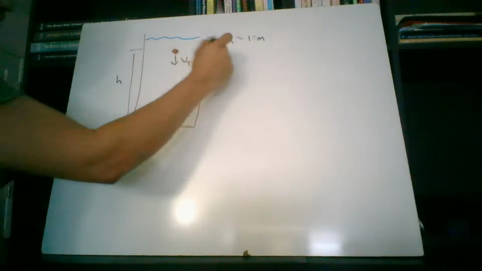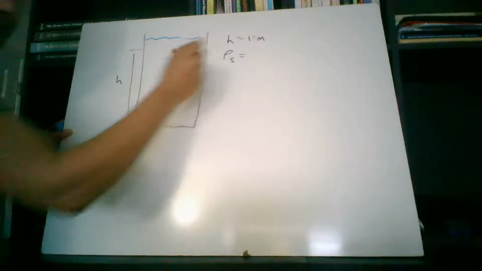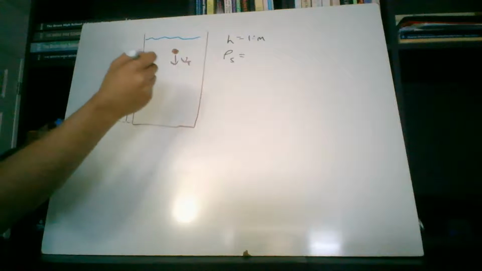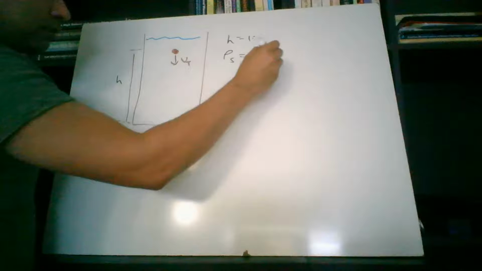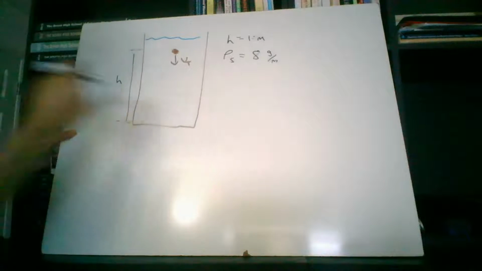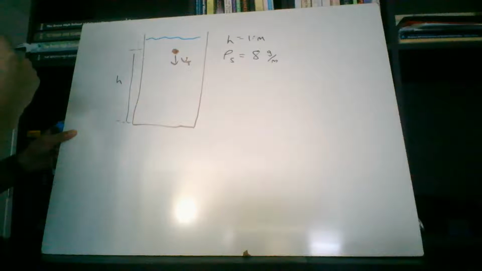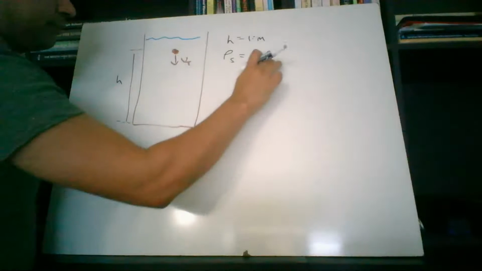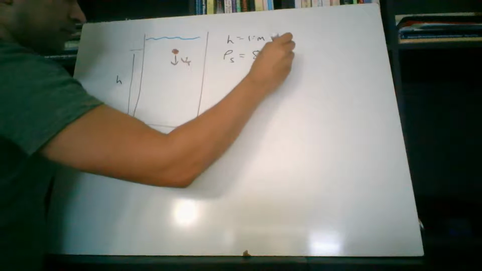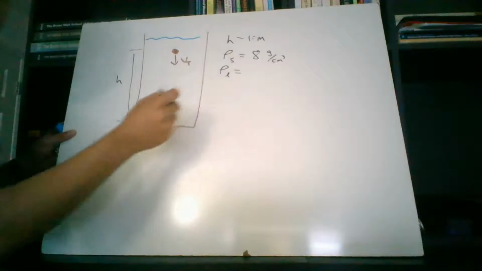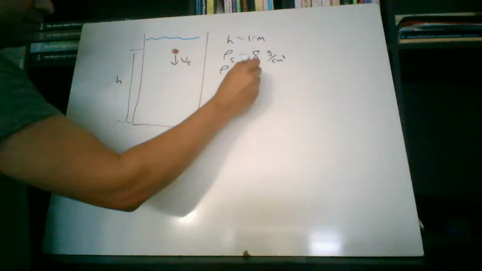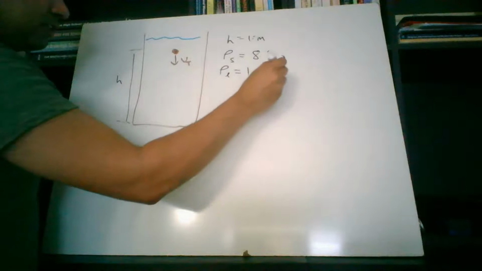The density of the sphere is 8 grams per centimeter cubed. The density of the liquid is 1.2 grams per centimeter cubed.